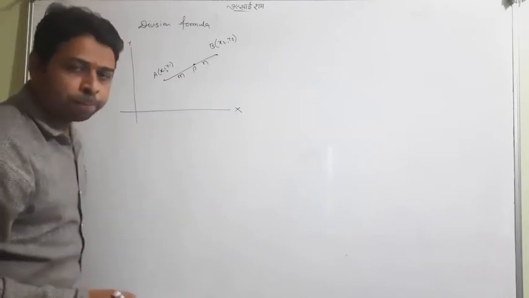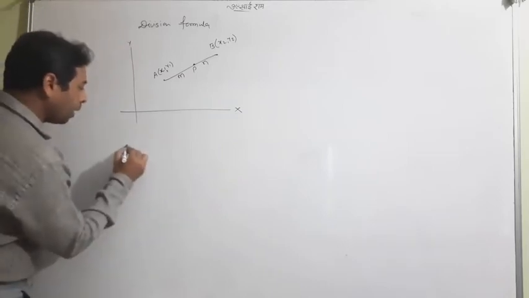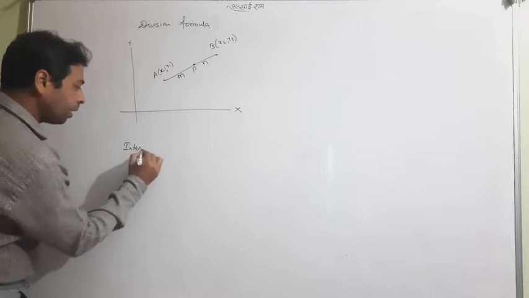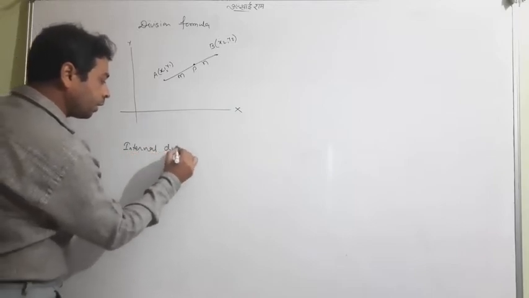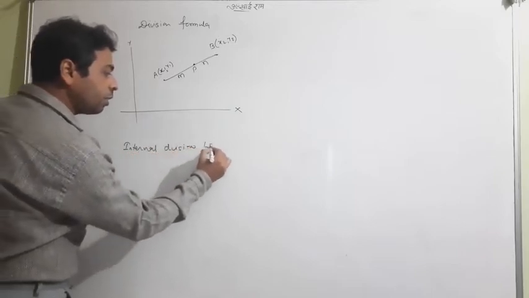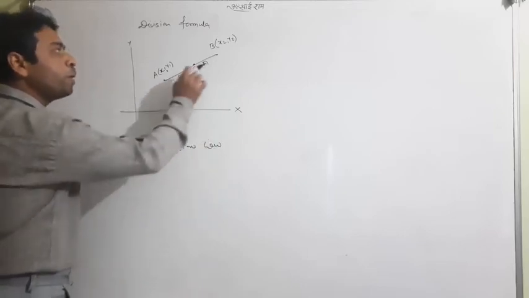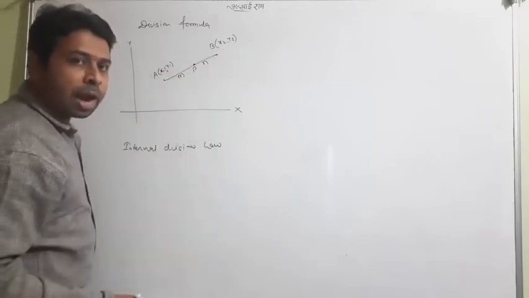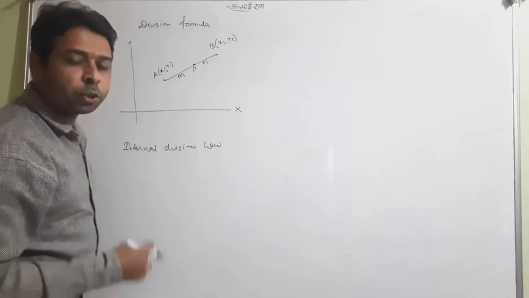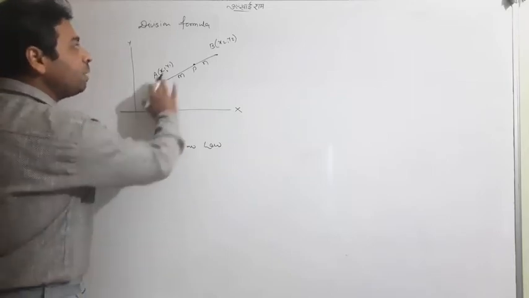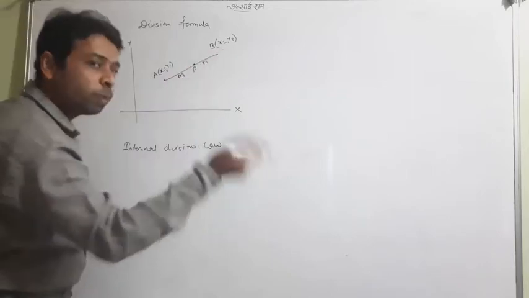Directly I will go to the law for internal division. I taught you that the word internal division is used because P is inside AB and P is dividing AB in some ratio m is to n, where A is given, B is given, and m and n are also given.